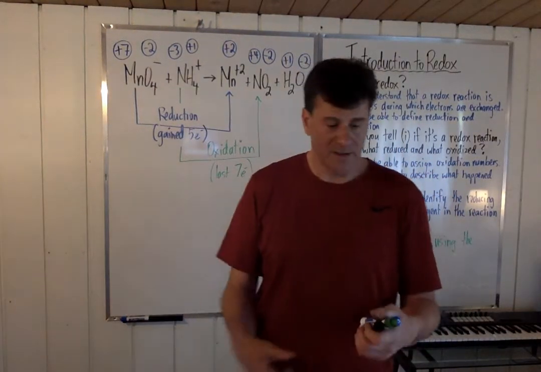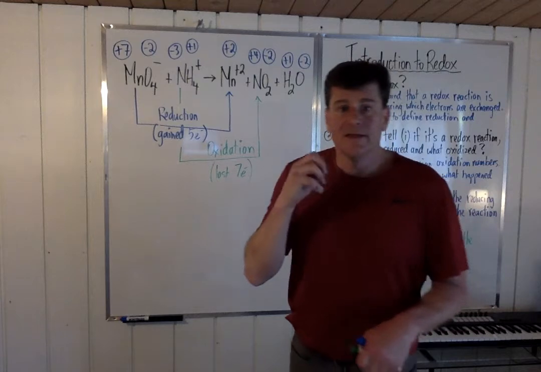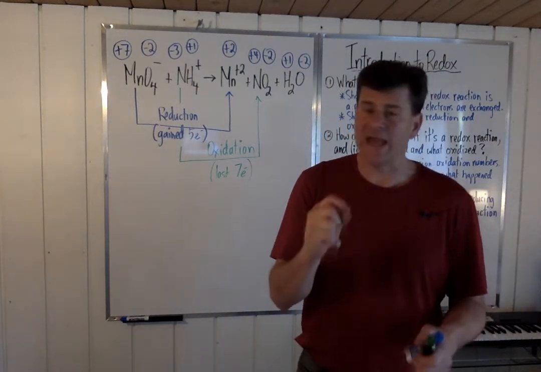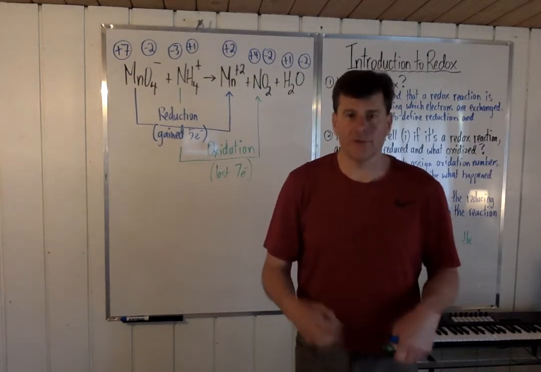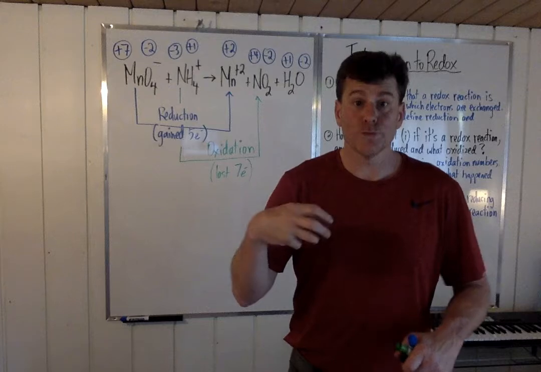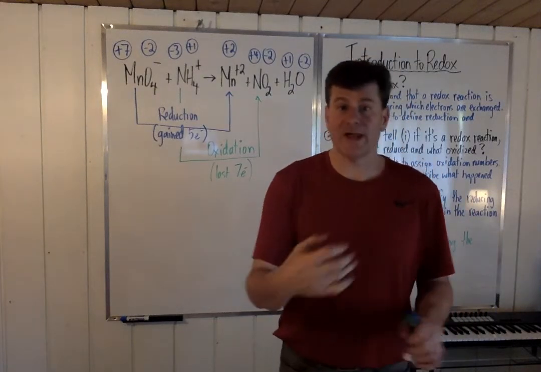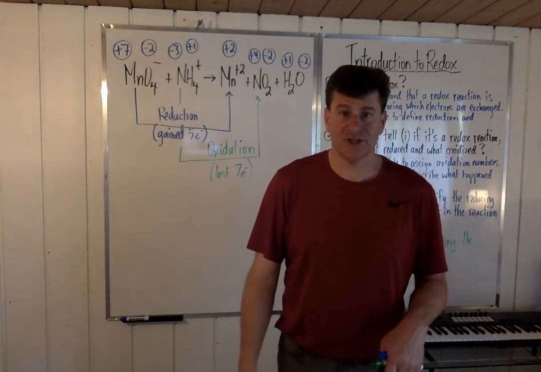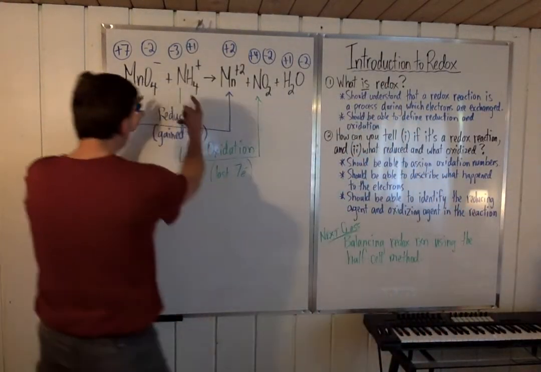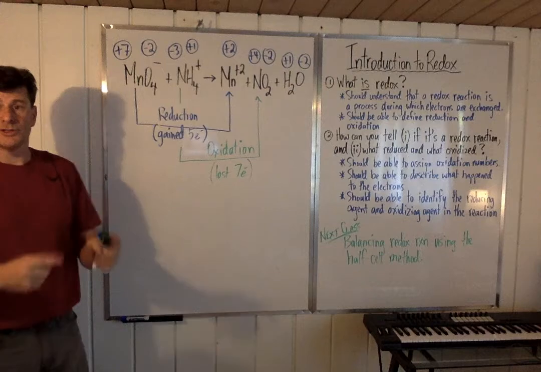So if I use this as my example, the oxidizing agent will be the chemical, and it's not by atom anymore. You call it the chemical. So the oxidizing agent will be the thing that reduces so that it causes oxidation. So what thing up here reduced? Between those two chemicals, which one reduced?